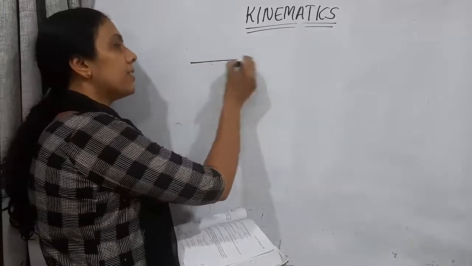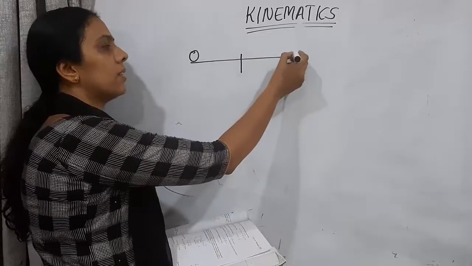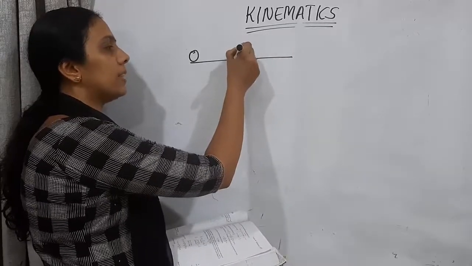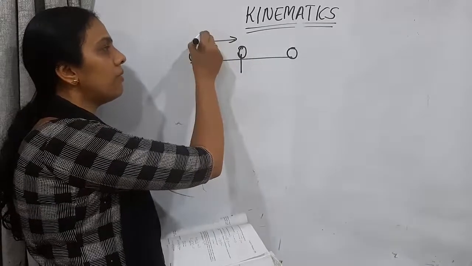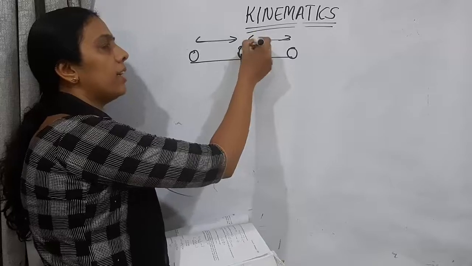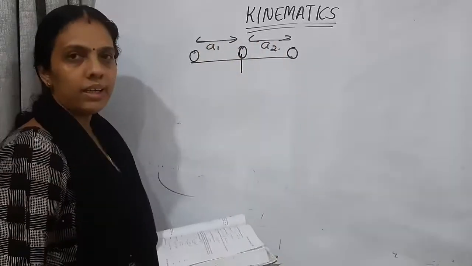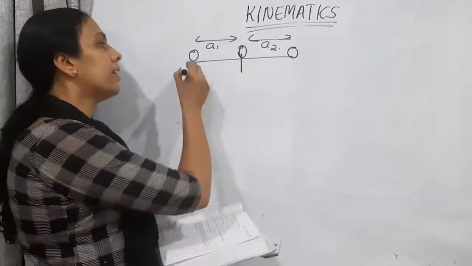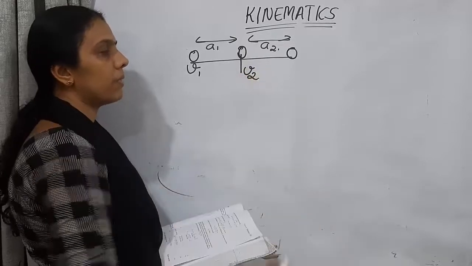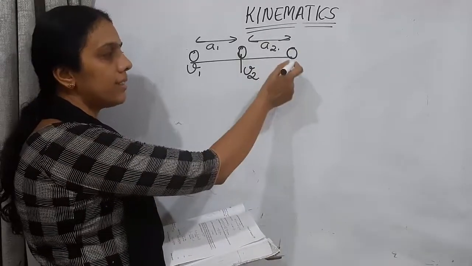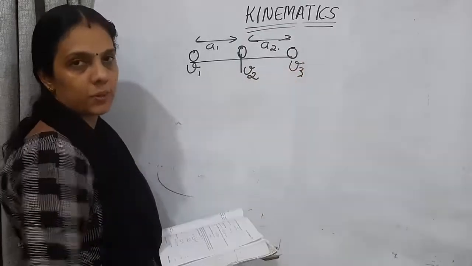So a particle is starting from here, and two halves. So first half it's reaching till here. This is the second half. During this time it is traveling with accelerations a1 and a2. That is, here v1 is the initial velocity, v2 is the final velocity over here, and in the next stage v2 is the initial velocity and v3 is the final velocity.